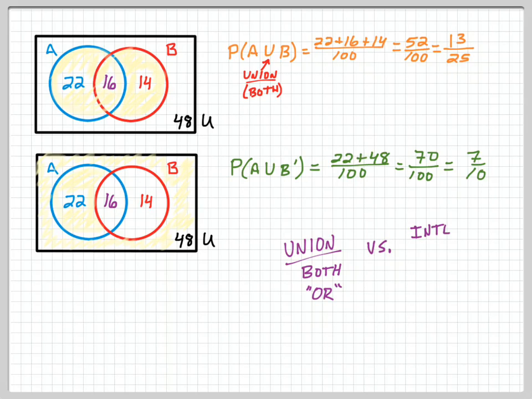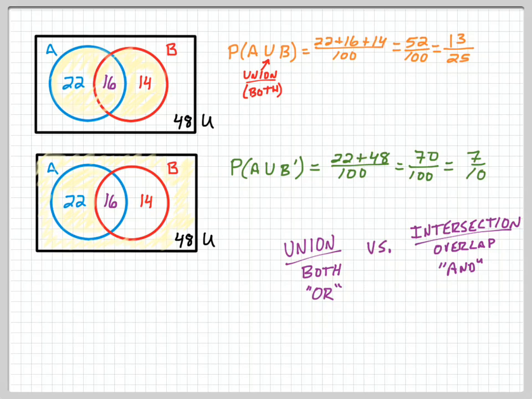Versus our intersection, where we have overlap, and that's why I say both might not be the best way to say it, because both things happening at the same time could be confused with overlap. So really, I like to think of the OR statements and AND statements. OR means either this is true or that is true. I don't care which one. And AND means this is true and this other thing has to be true. So I have to look for the specific spot where both those things are true. Okay, so that's kind of the way to think of them.